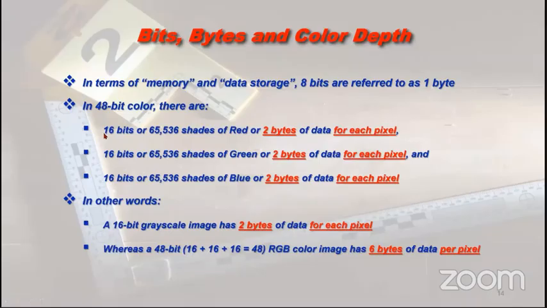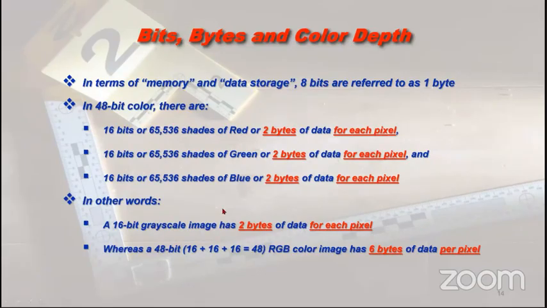So in other words, if we're using 14 bits, then we're going to have 65,000 shades of red, or 2 bytes of data for each pixel. We have 16 bits or 65,000 shades of green, or again 2 bytes, or 16 bits or 65,000 shades of blue.